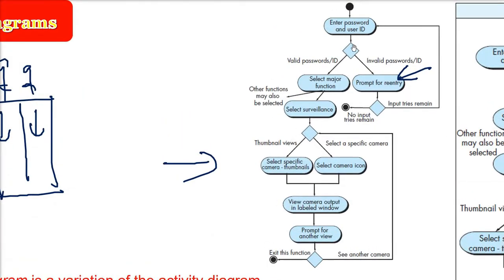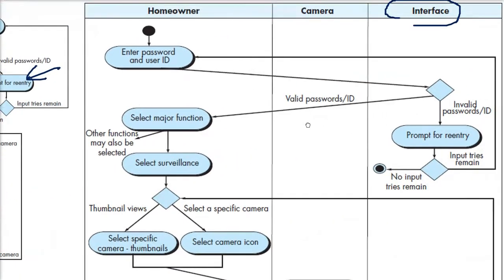So you have the prompt for re-entry. This will only come when you enter the wrong password. And there is one more, in the lower part: the prompt for another view. So in the swim lane, the homeowner enters username and password. If it is okay, we go to select major function. This is the homeowner's work.